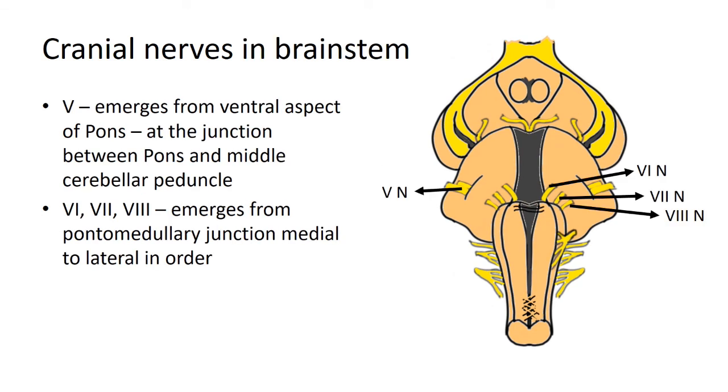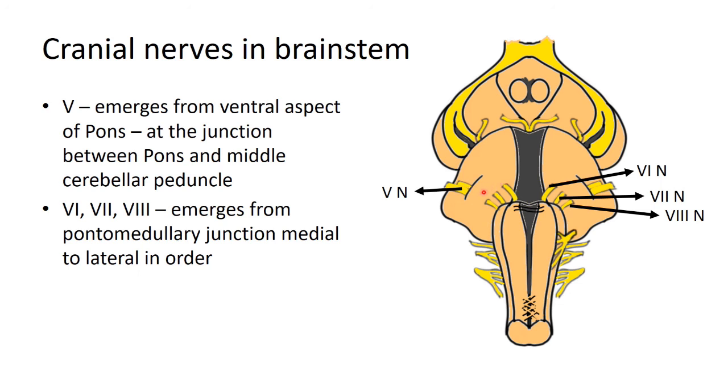The fifth nerve or trigeminal nerve emerges from the ventral aspect of pons at the junction between the pons and middle cerebellar peduncle. The fifth nerve emerges from the ventral aspect of pons right at the junction between the pons and the middle cerebellar peduncle.